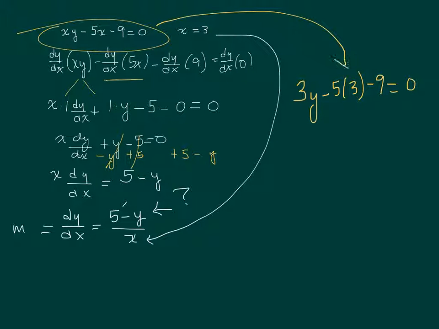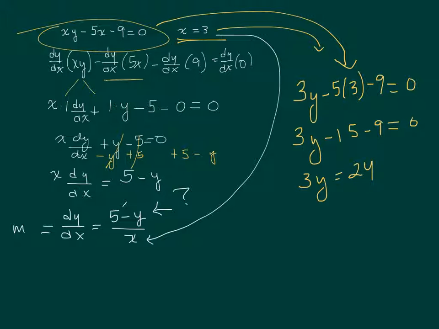So what I've done is plugged in x equals 3, and then I can solve this for y. And so I get 3y is going to equal 24, or y equals 8.